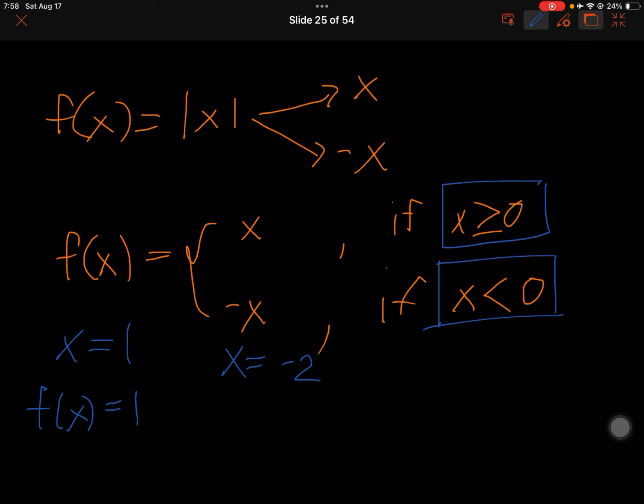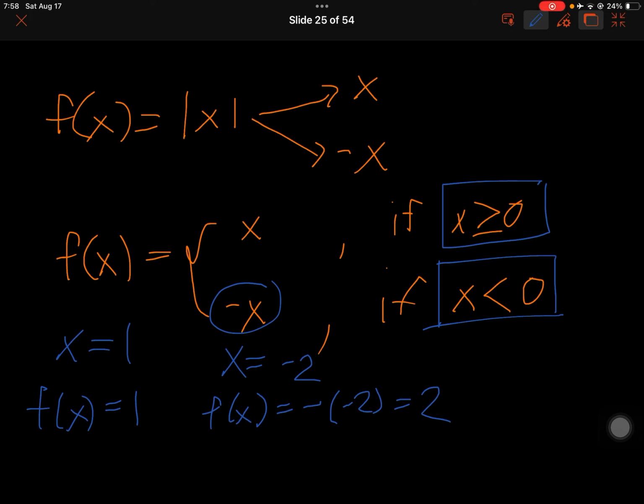So we will use this equation, the one below. So f of x is equal to negative of -2, which is positive 2. So we see here that the output, the f of x, always brings out a positive number. So here we have transformed the absolute value function into a piecewise defined function.